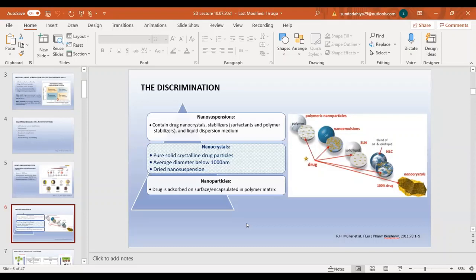They are pure drug nanocrystals. The only excipient that you use is the stabilizer, which is either the surfactant or polymer, and that also is used in a very low concentration. And the purpose is the stabilization, right? So these are the differences between nanoparticles, nanocrystals, and nanosuspensions, although all fall in the nanoscale dimensions.